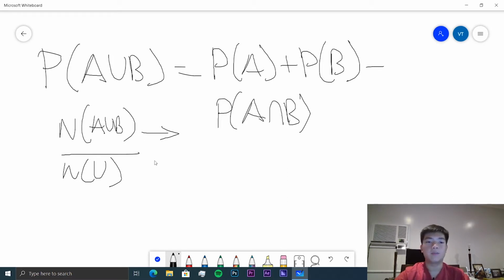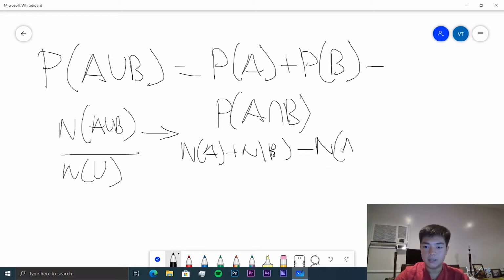Well, how do we find the number of terms in A union B? The number of terms would be equal to the number of terms in A plus the number of terms in B minus the number of terms in the intersection.